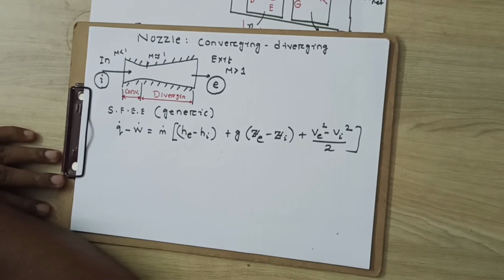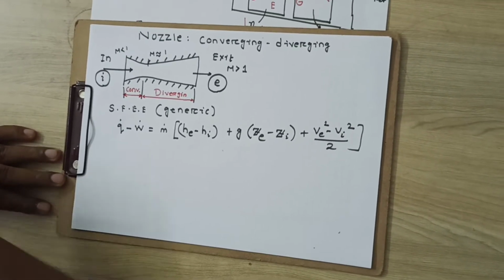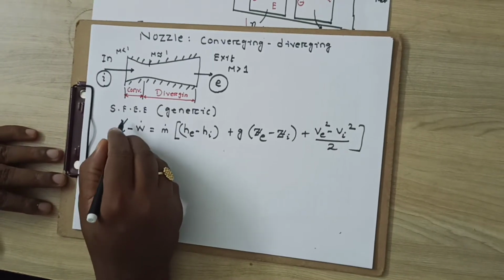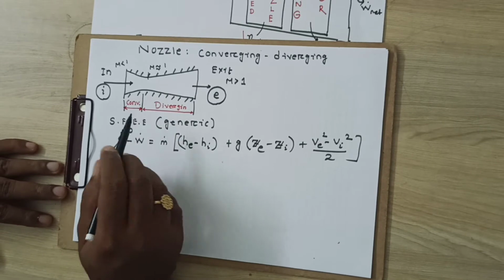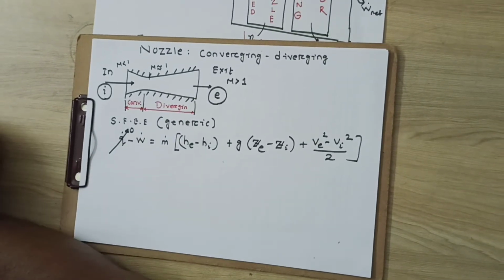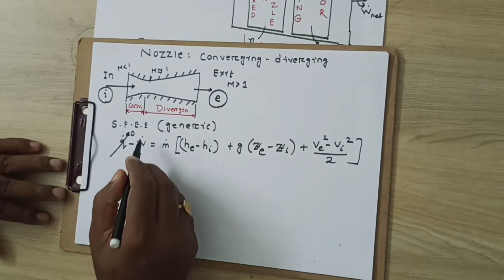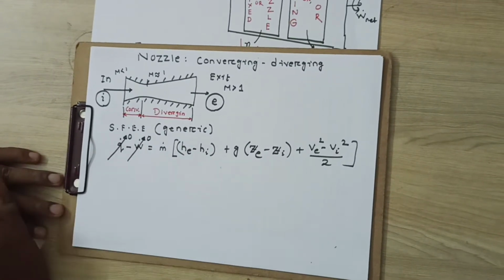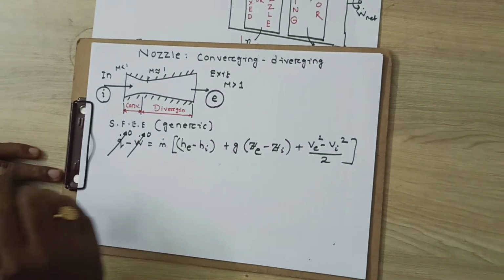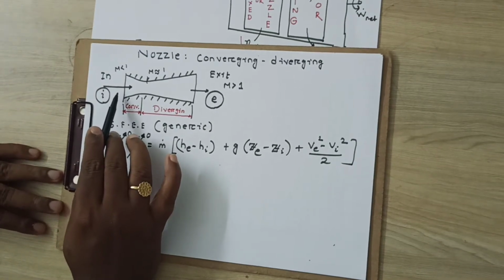For this isentropic flow across the nozzle, the heat transfer across the surface has to be zero. Also, a nozzle is neither a work producing device nor a work consuming device, so W dot has to be zero as well.